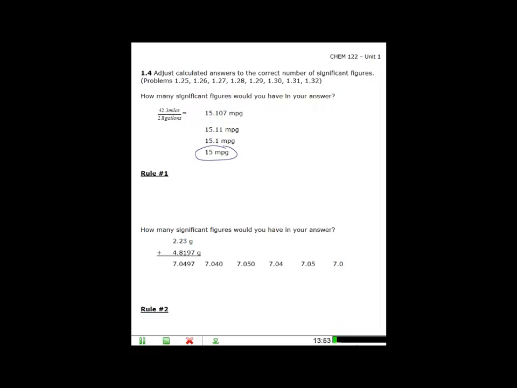Rule number 1 is for multiplication or division. So since we were dividing here, that's why we use this rule.